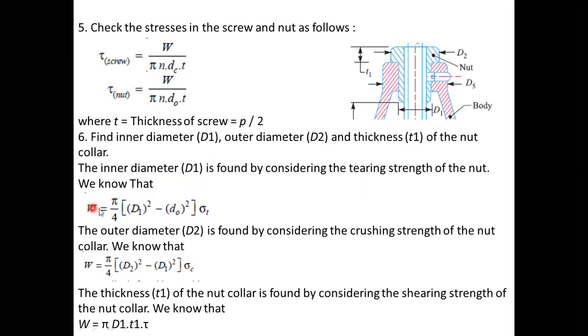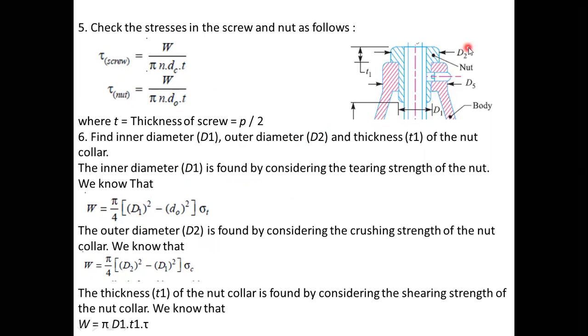We know that W is equal to pi by 4 into bracket capital D1 square minus small do square into sigma t. Here sigma t is tensile stress, small do is nominal diameter of the screw, and capital D1 is inner diameter of the nut collar.